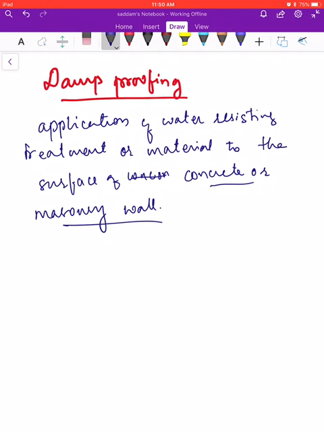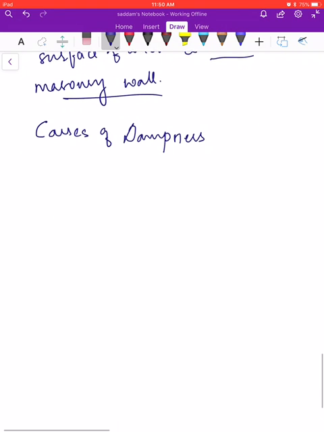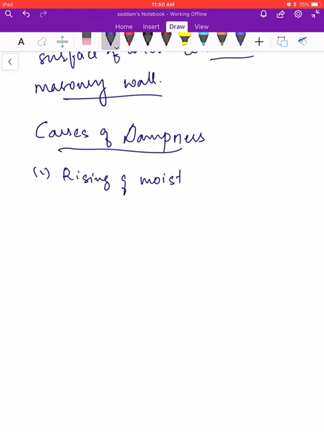So what causes the damp proofing? The percolation of water. So let us discuss causes of dampness. Okay, what are the causes of your dampness? So first and foremost cause of your dampness is rising of moisture from ground. Okay, so this is the first cause of dampness. Second one is action of rain.